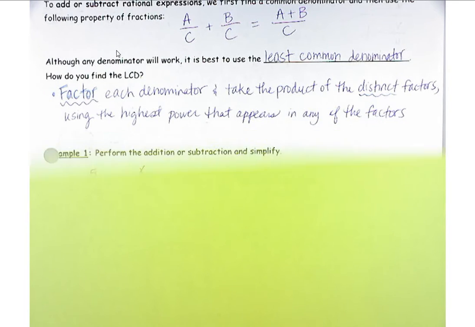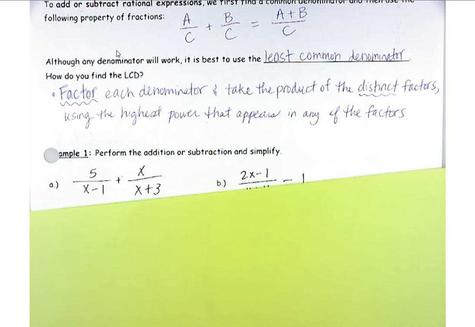All right. So for example 1, we are going to perform the addition or subtraction and simplify. I'm going to let you write down both of those problems. Again, this is something that you did in Algebra 2, so you might find that you can do both of those without me, and that's perfectly fine.